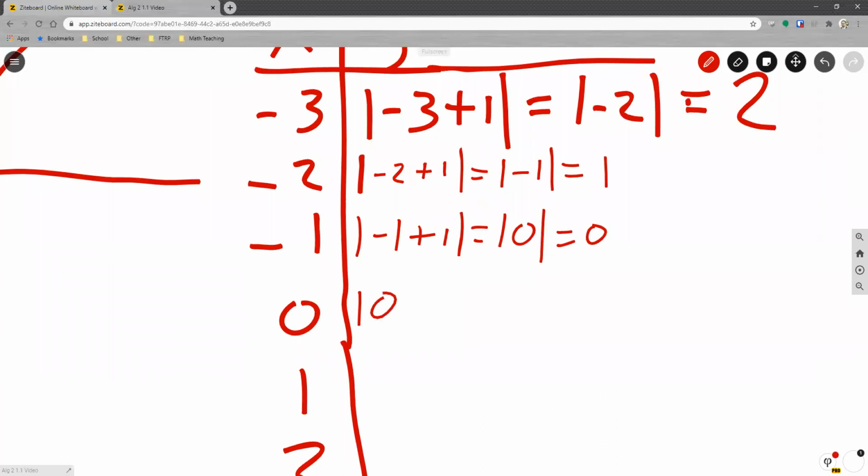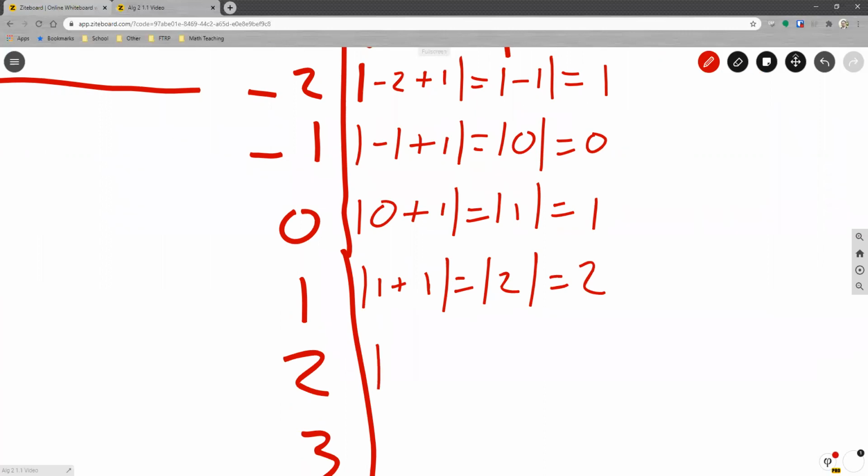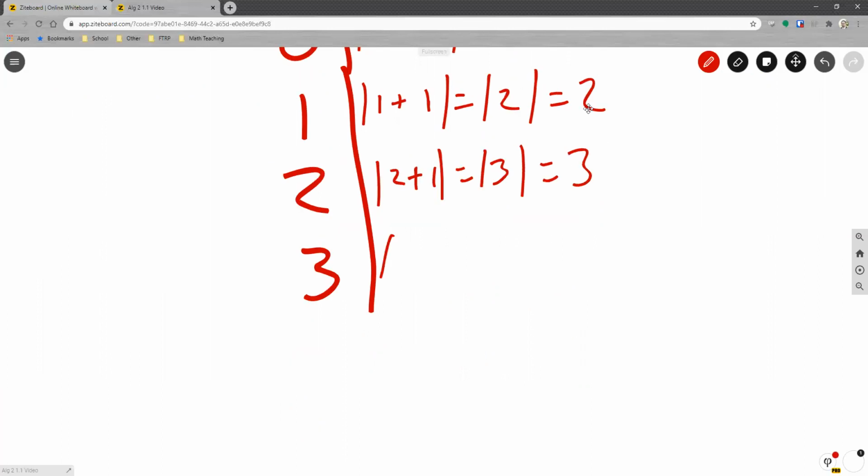And we'll keep on going through here. 0 plus 1, absolute value of 1, which is 1. 1 plus 1, absolute value of 2, 2. 2 plus 1, absolute value of 3, 3. And finally, 3 plus 1, absolute value of 4 equals 4.